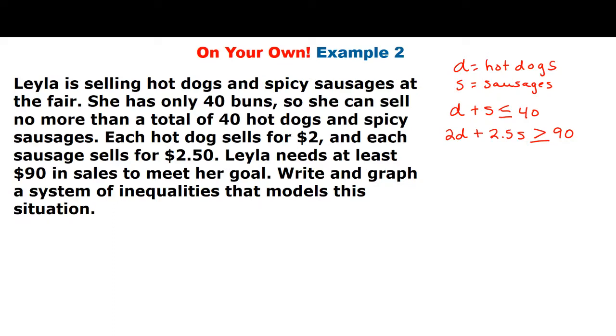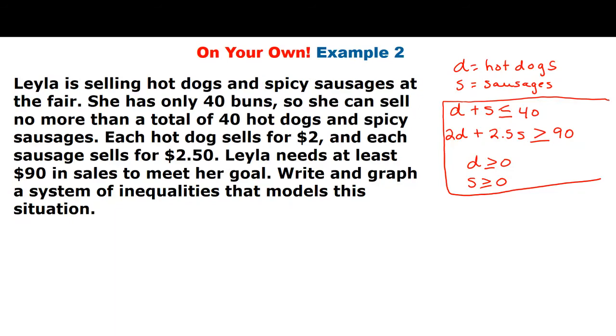She won't sell negative hot dogs, so for the hot dogs it's going to be greater than or equal to 0. The same goes for the sausages, greater than or equal to 0. So we actually have 4 inequalities that we can gather from this statement.